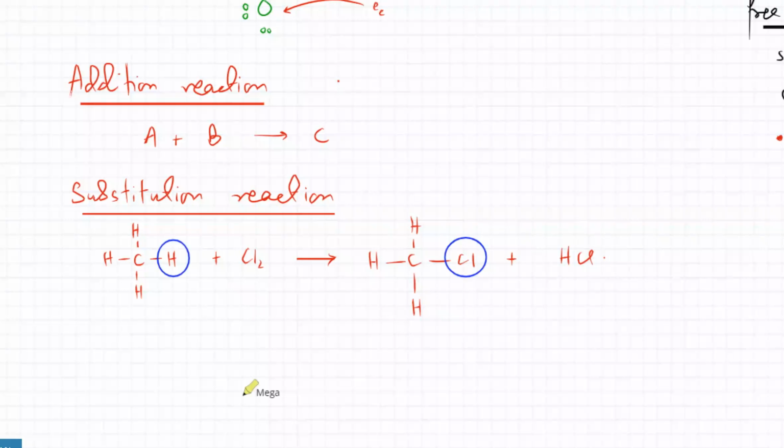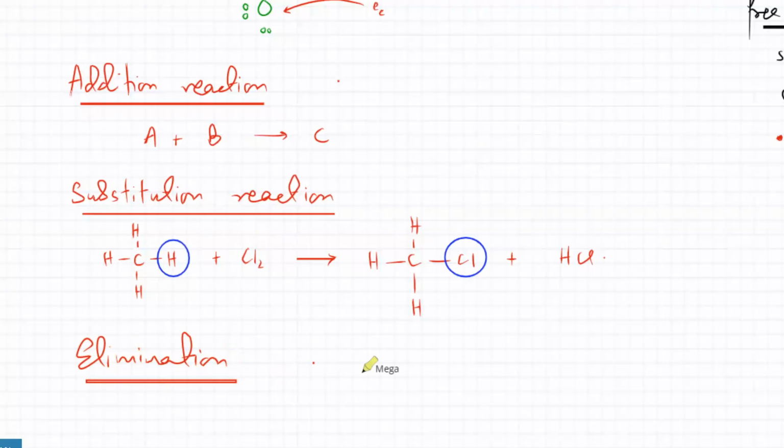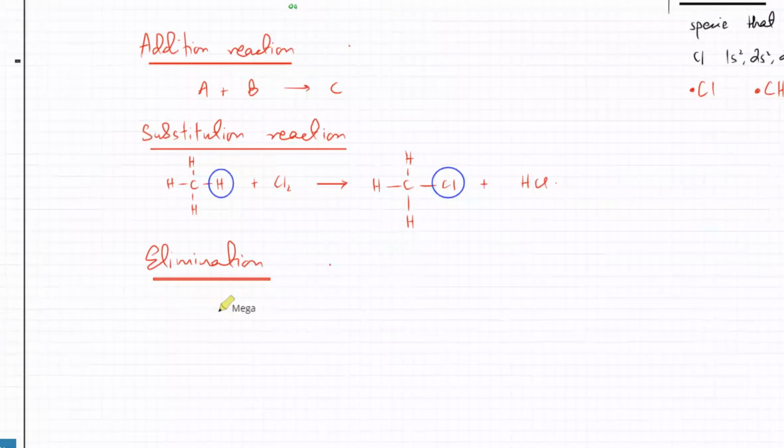And the third one is an elimination reaction. Now elimination is this one. A molecule is going to be produced in elimination.